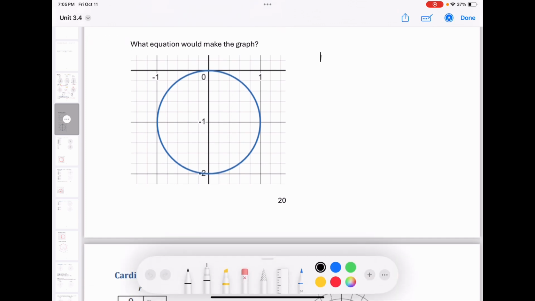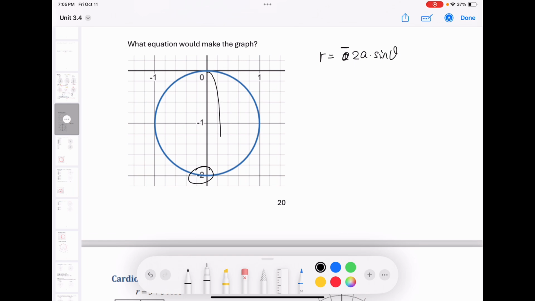So we say r equals positive or negative 2a times sine theta, and then we say it is negative because it is the negative y-axis. And next step, I need to find what my 2a is. So 2a is the distance from here to here, the diameter, which is 2.